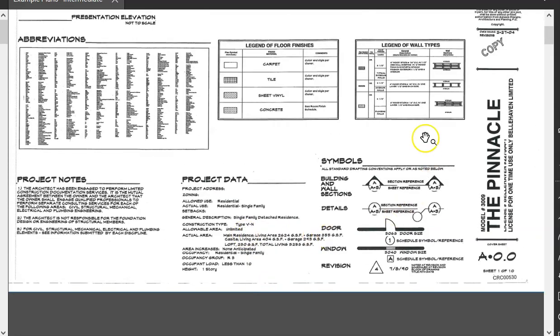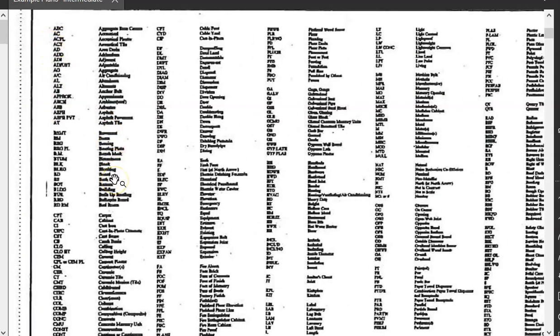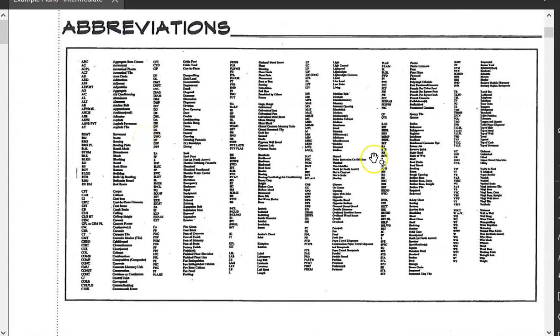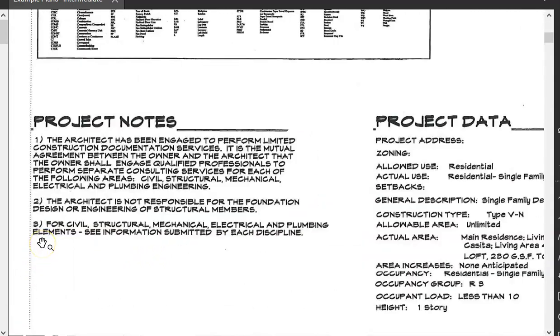You might also have some symbols and legends, abbreviations. There are a lot of abbreviations, and so any abbreviations you put on your drawings, you will want to provide a key for that. And then some CYA notes. So cover your assets notes, where essentially you say anything that you want to disclaim.